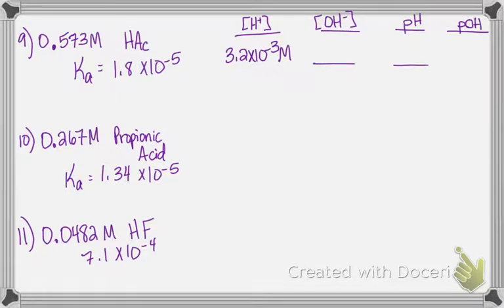And so now I can calculate each of these because the negative log of that will give me the pH. 14 minus that gives me the pOH.